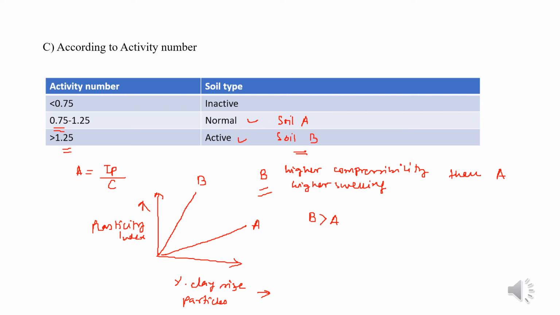We previously talked about the plasticity index of the soil, which is mainly dependent on the amount of clay mineral present in the soil.